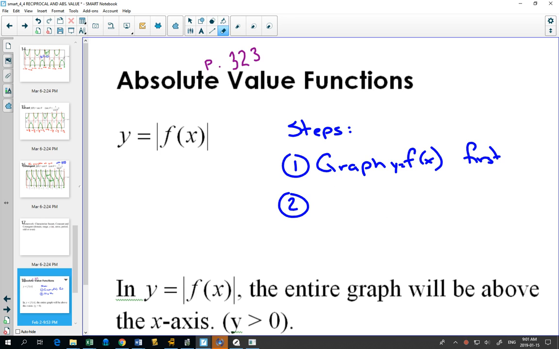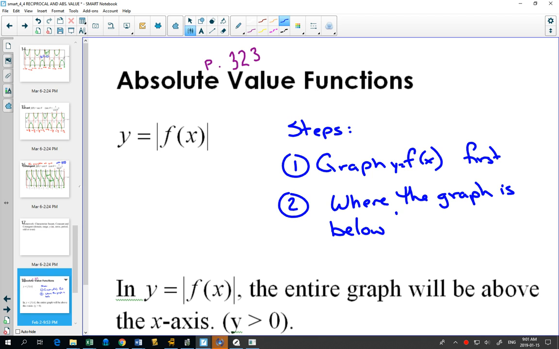Where the graph is below the x-axis. That is wherever you have negative y values. What does an absolute value do to negative values?